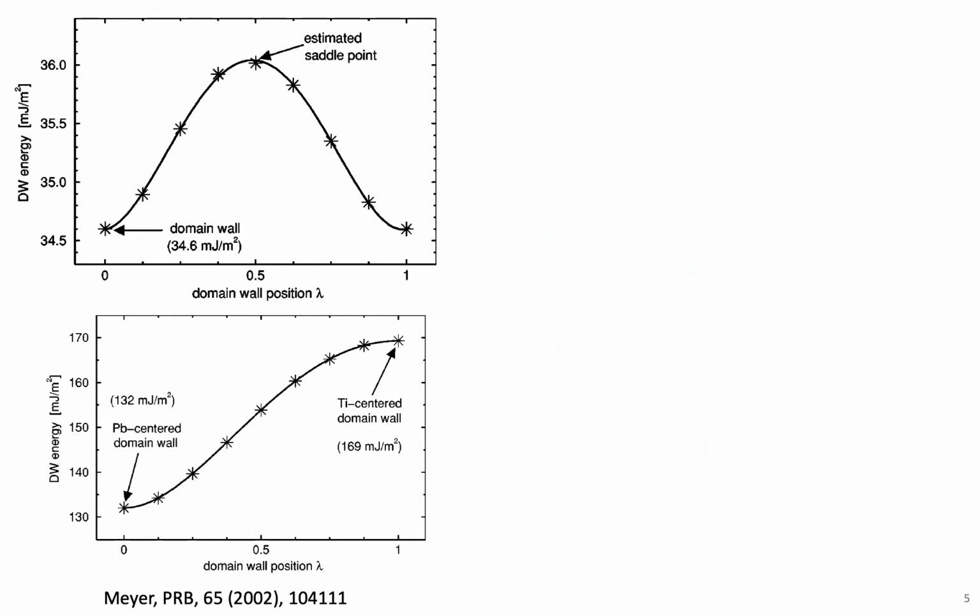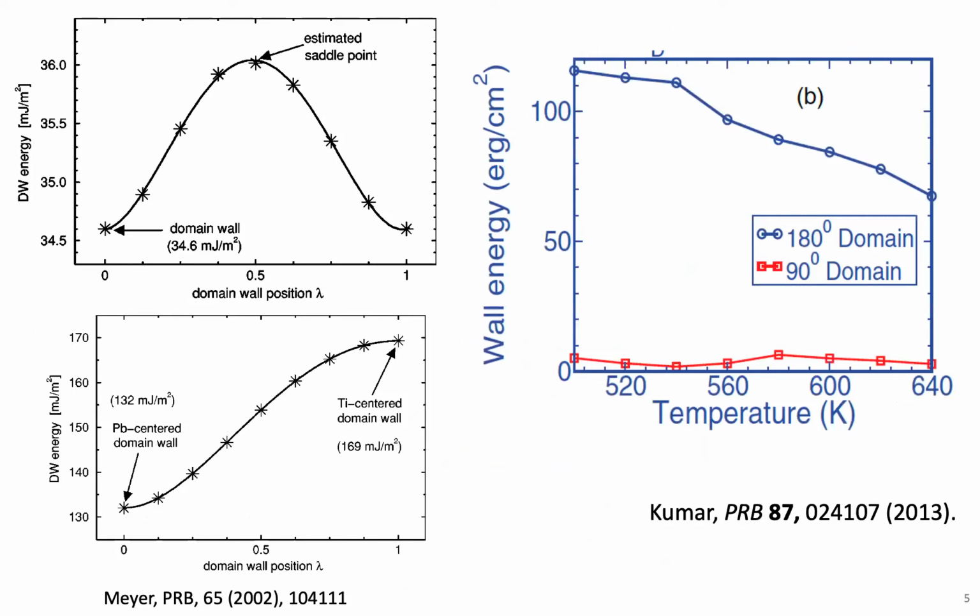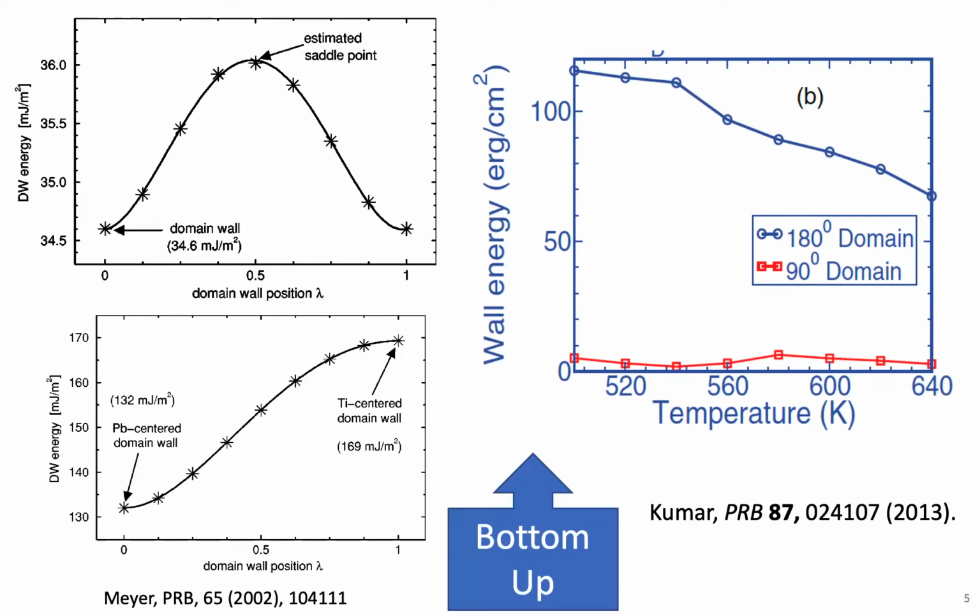And of course, there are more calculations in the literature, and also Karen's 2013 paper shows that the free energy, now our energy, as a function of temperature for 90 degrees is almost constant, for 180-degree decreases. Yeah, very nice. It's interesting that for the 90-degree domain, the free energy doesn't change much. You can see the free energy from the MD simulations. Very nice work. So I call this work bottom up, right? Bottom up from the bottom all the way to predict.